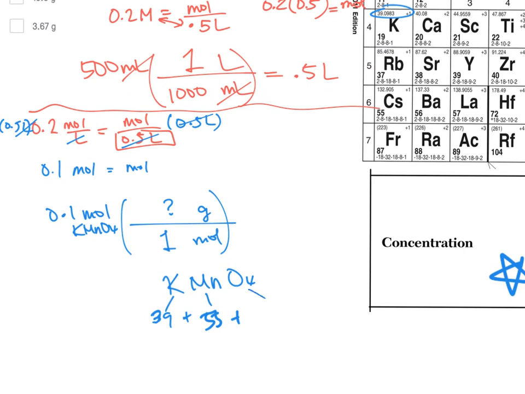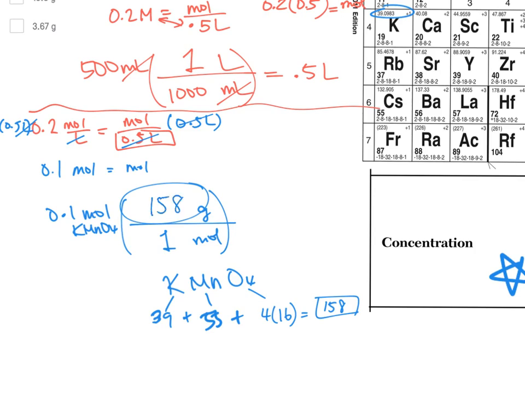But we have 4 of those. So 4 times 16 grams per mole, all added together, is going to give you the molar mass. So let's calculate that. It's going to be equal to 158 grams per mole. So that information is going to go on the top here, 158.